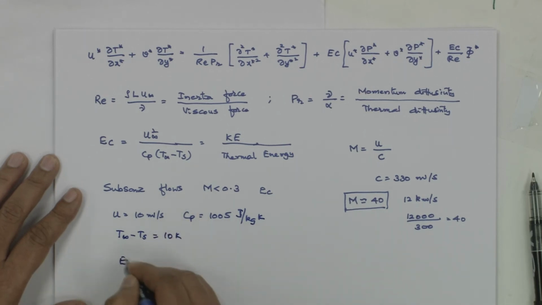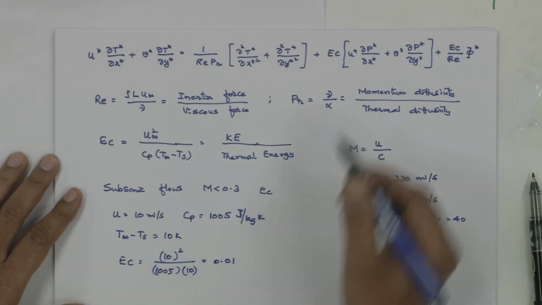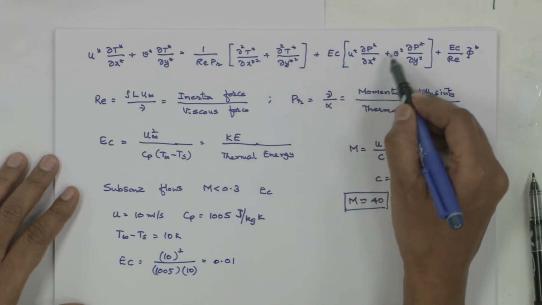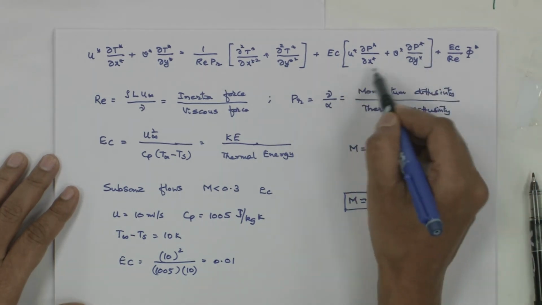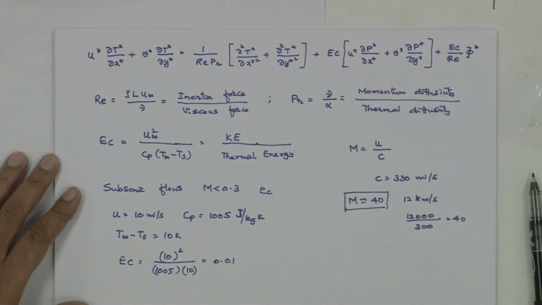So you get Eckert number equal to 10 squared divided by 1005 into 10, which is of the order of 0.01. So for low speed flows, you can neglect Eckert number. That is, the viscous dissipation term and the pressure work term can be neglected for subsonic flows.